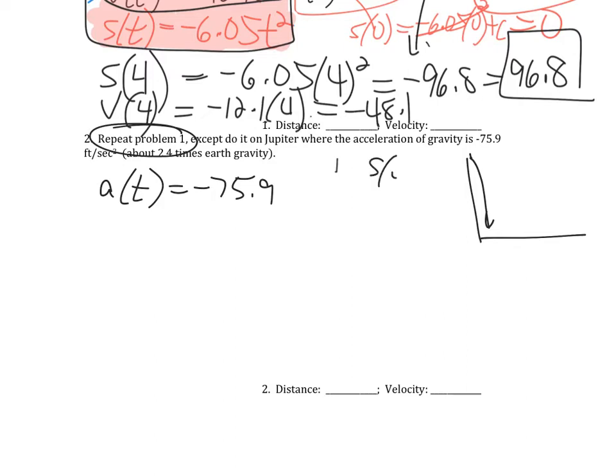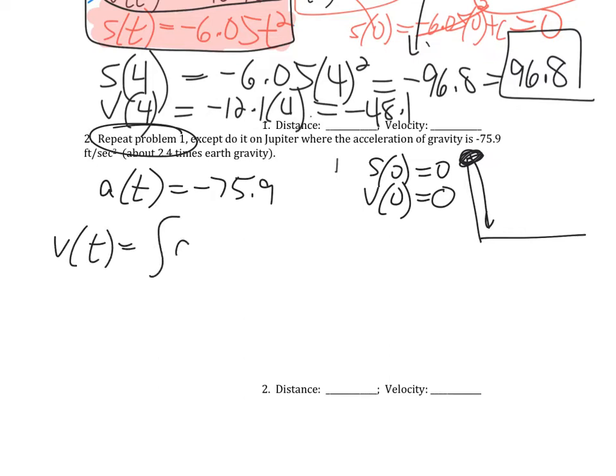We're going to define the initial position of 0 to be at top of the cliff. The initial velocity, since the rock is being held in our hand, we're going to say the initial velocity is 0 as well. So we're going to find the velocity function first by taking the integral of the acceleration.